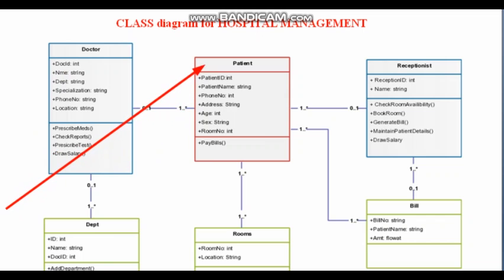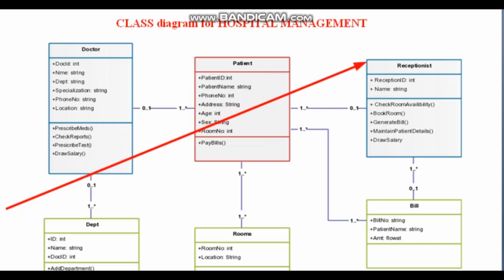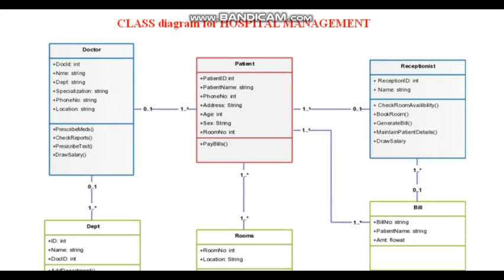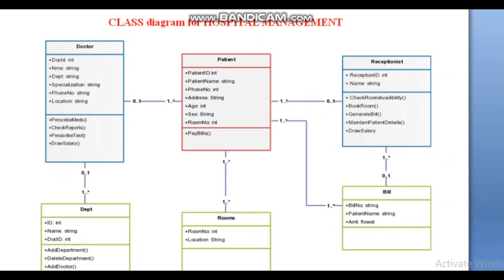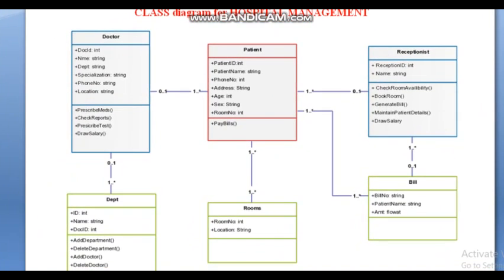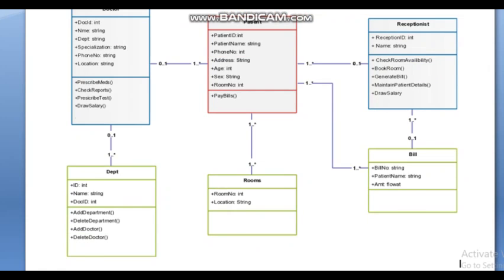So here you can see this is a patient class, we have a reception, we have bill, rooms and department class. So in a class diagram it will basically show the diagrammatic representation in the form of classes.